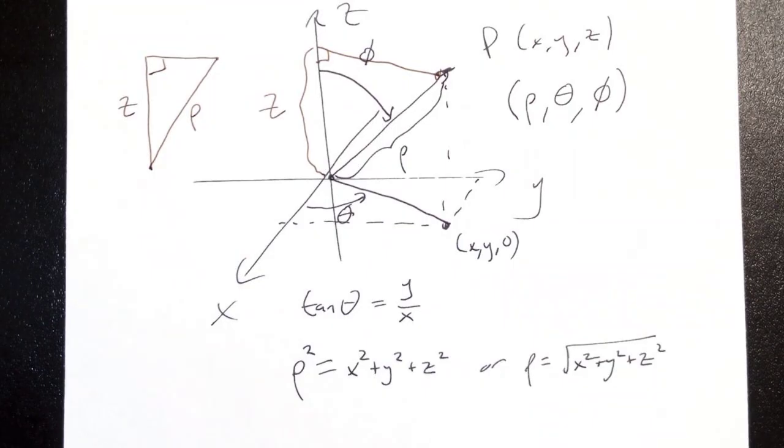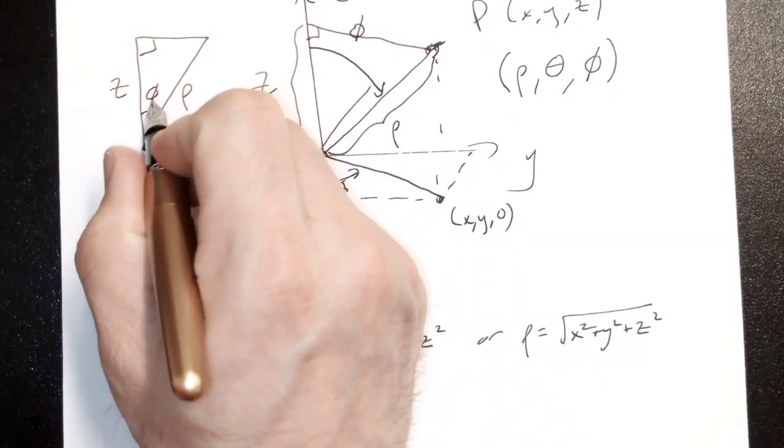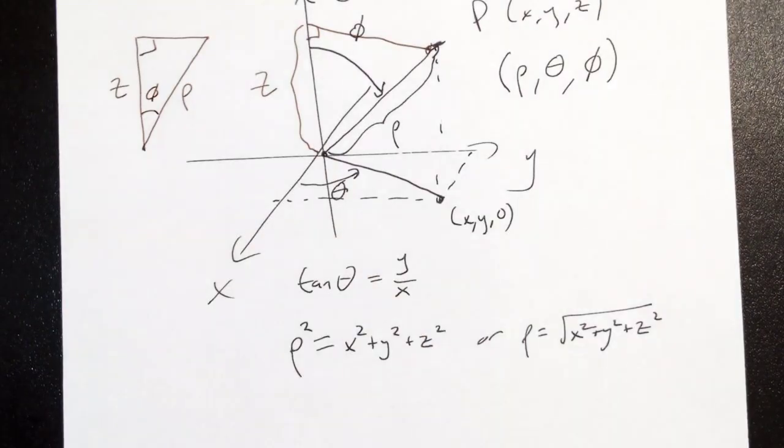I just slid this triangle out and laid it flat. Where's the angle phi in this triangle? Okay, people, trig time.